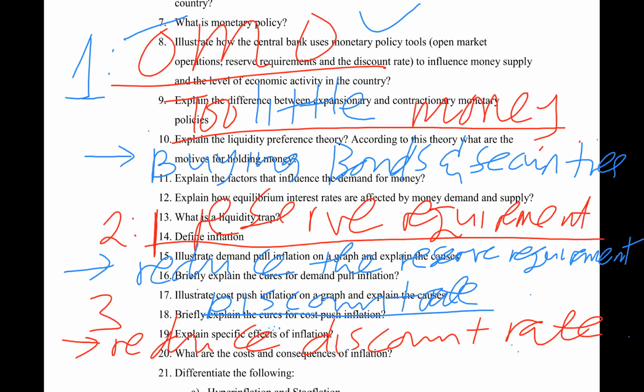When you increase the reserve requirement, it simply means you are increasing the amount of money that should remain at the commercial bank to meet the demands of those people that are coming to withdraw. And that is what usually happens, okay? You got it? Yes, sir. Thank you so much.